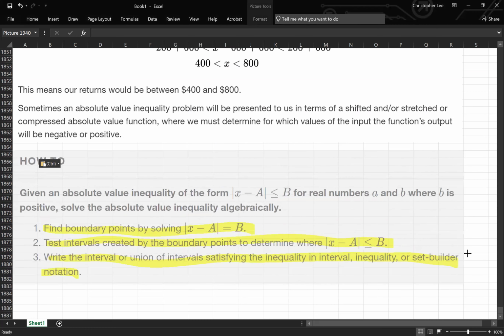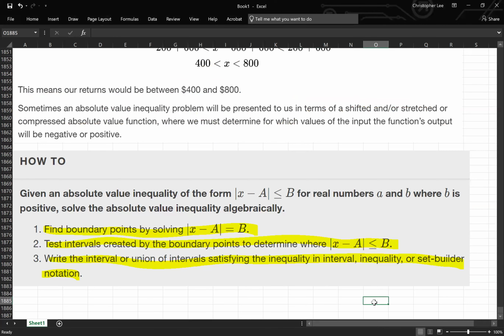Given an absolute value inequality of the form absolute value of X minus A is less than or equal to B, for real numbers A and B, where B is positive, we want to solve the absolute value inequality algebraically.